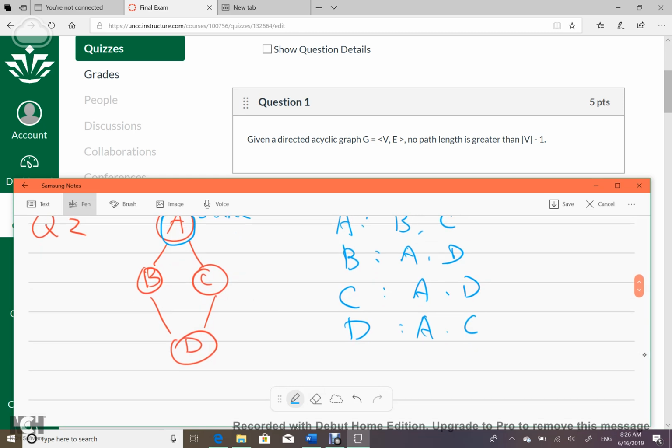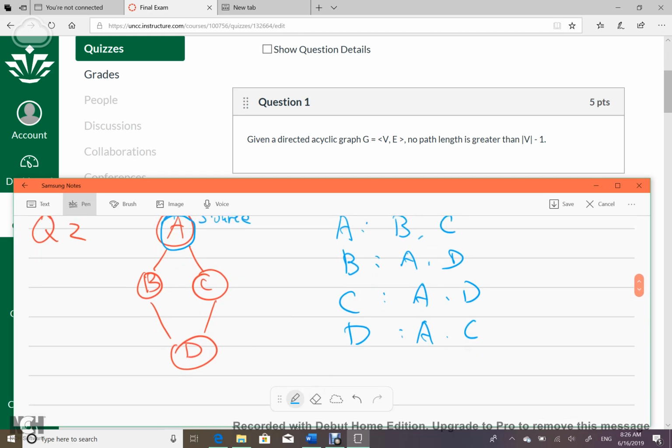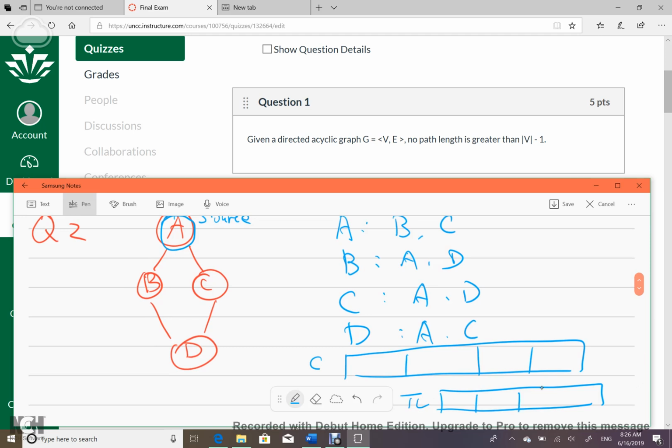For this DFS, we would like to remember the color array, which records whether this vertex has been accessed or not. We also have a pi to tell who is the parent. We also label each edge.